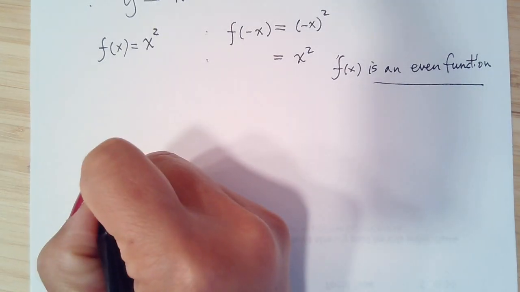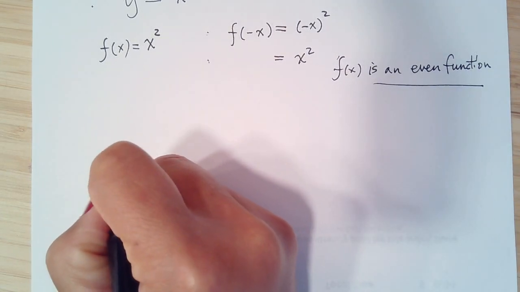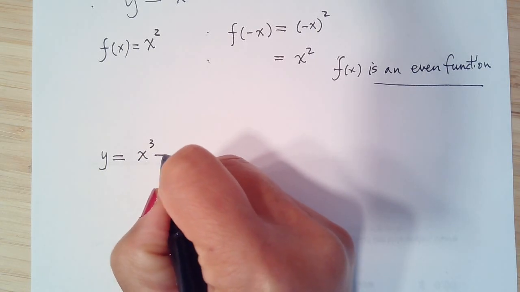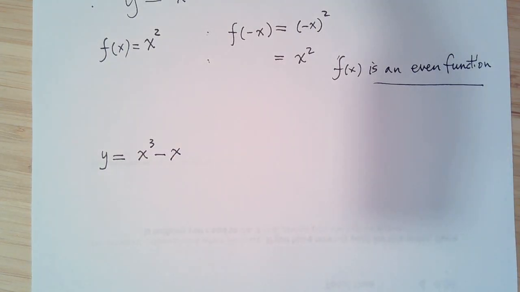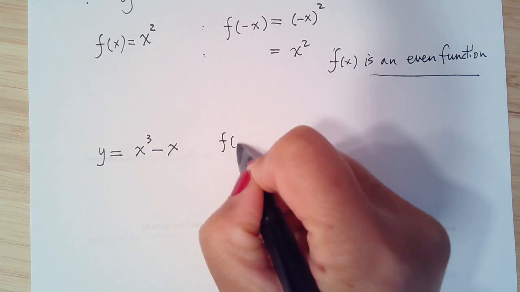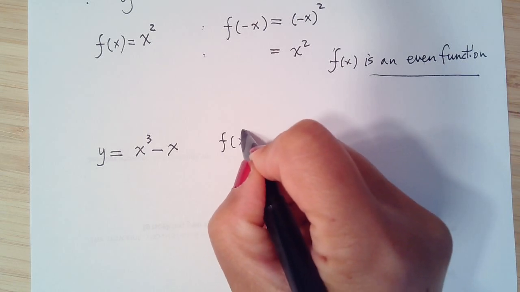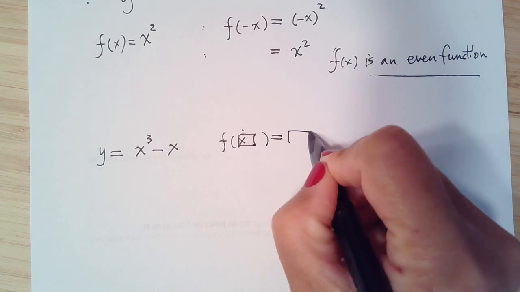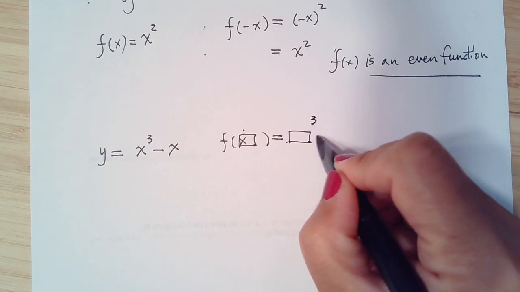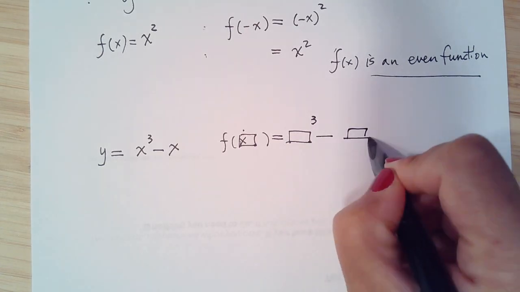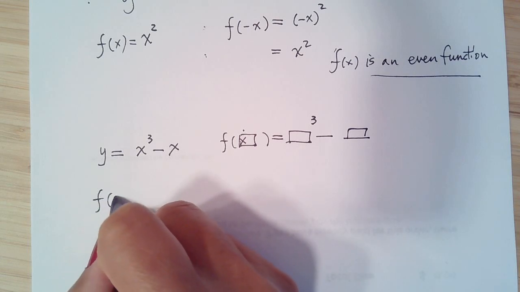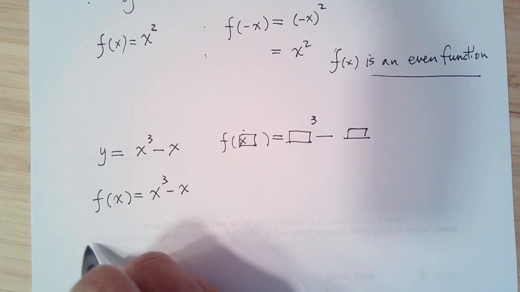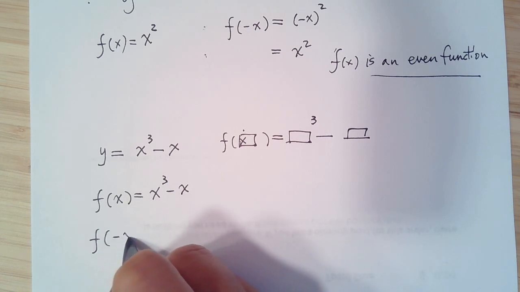What about y equals x cubed minus x? It's a hard one. So f of x, or f of a box, equals that box cubed minus the box. If I just put in x, it's x cubed minus x. What about f of negative x?